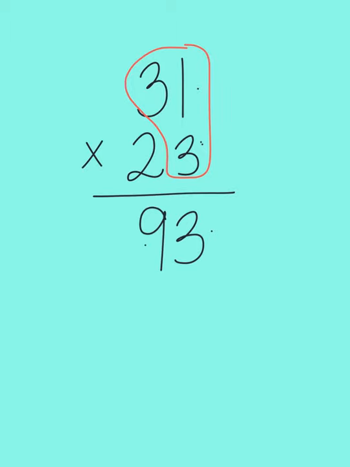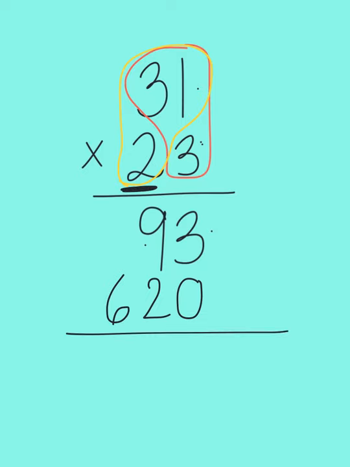Then I'm going to do 2 times 31, which is 62. And I'm going to remember that it's not just 62, it's actually 620, since this 2 is in the tens place. Then I'm going to add them together. My answer is 713.